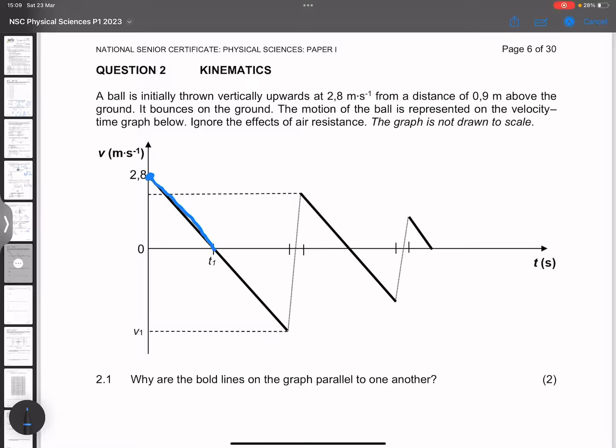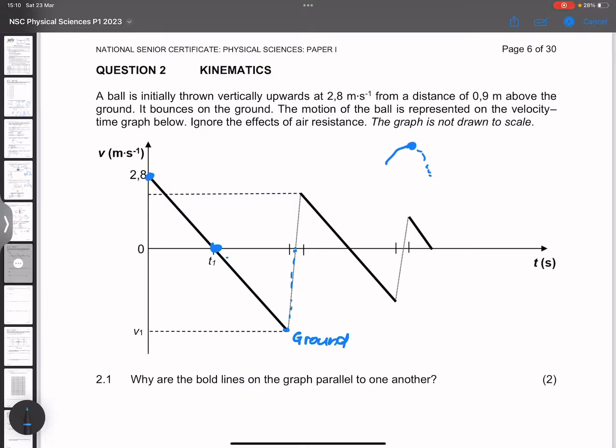The velocity decreases until we reach that maximum height at T1, right? And at T1, we stop momentarily at maximum height, and then we start going down, up until we reach the ground. This would be the velocity when we are on the ground and we bounce off the ground.